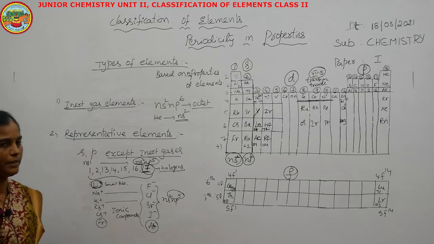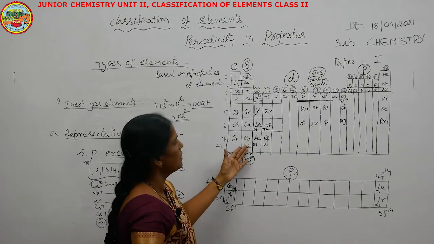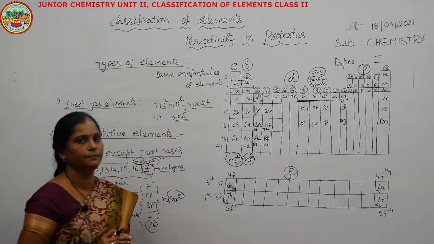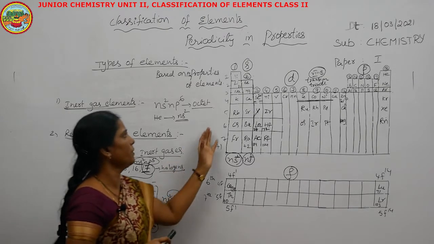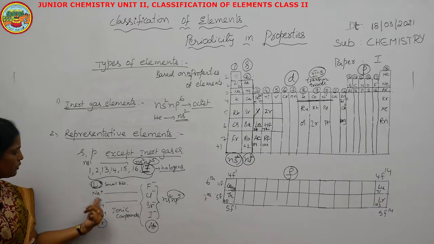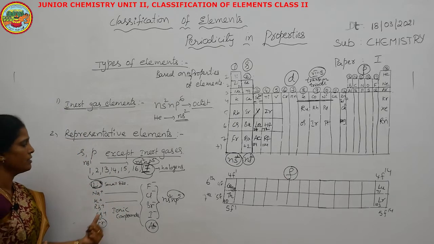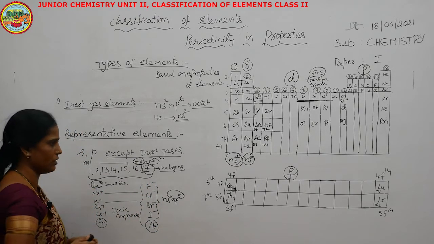Ionic compounds. That means the first A group elements and second group elements are strong metals. First A group elements, alkali metals, are stronger when compared with the second A group. That means they have more tendency to lose one electron. Similarly, halogens have more tendency to gain one electron.